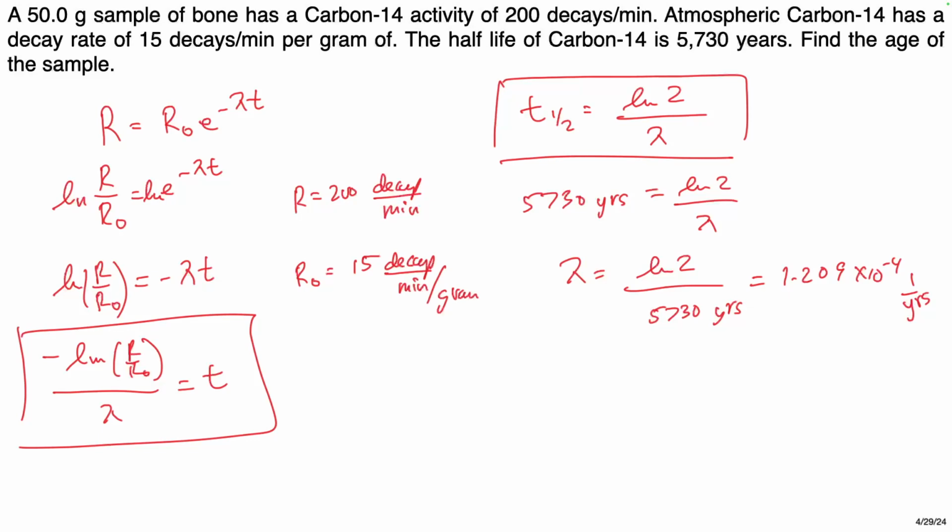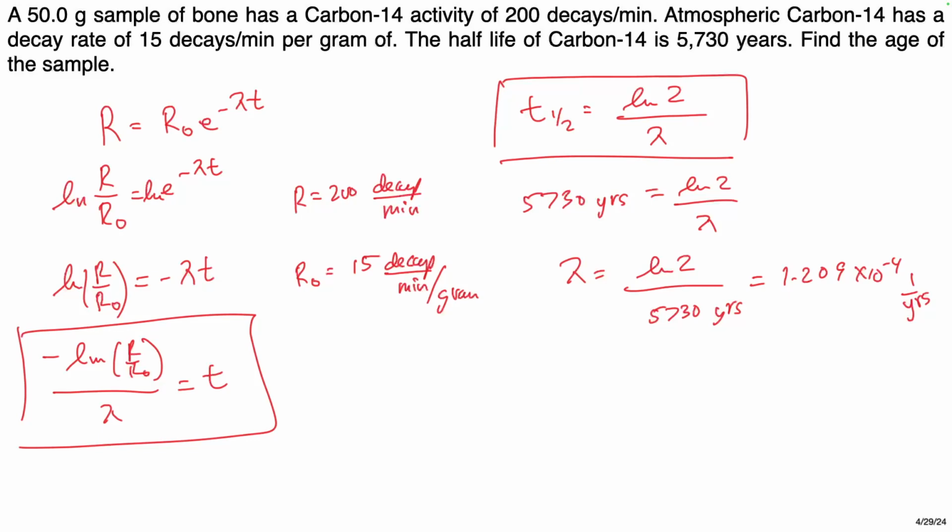These two rates are not being expressed in the same units. One's a decay per minute, one's a decay per minute per gram. So we need to fix this. The bottom line here is it actually doesn't matter what the units are as long as they are the same. Because we're going to stick them in here and we're going to form a ratio.